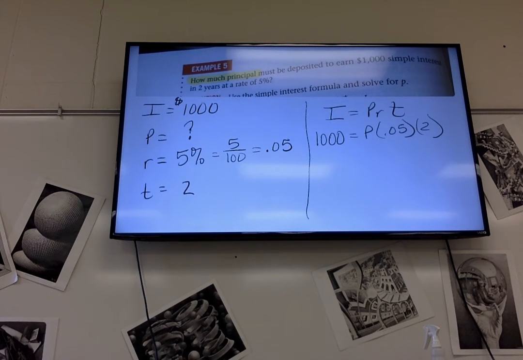That's just 0.1. And then, to solve for P, divide by 0.1. You get P is, I believe, 10,000.